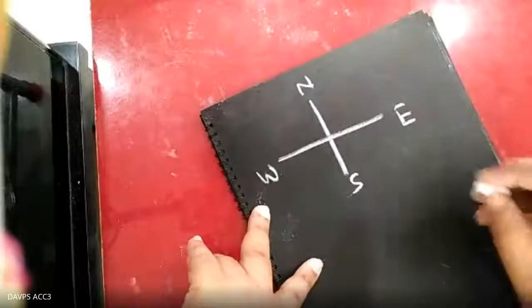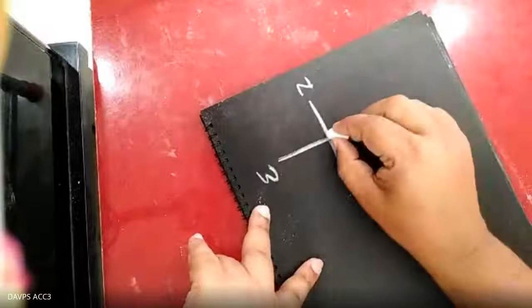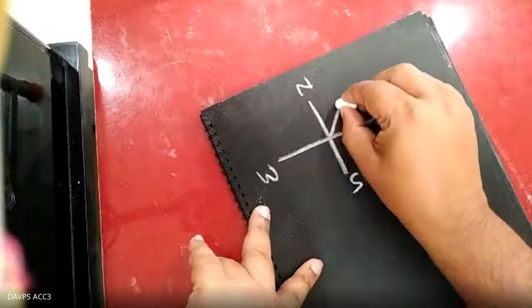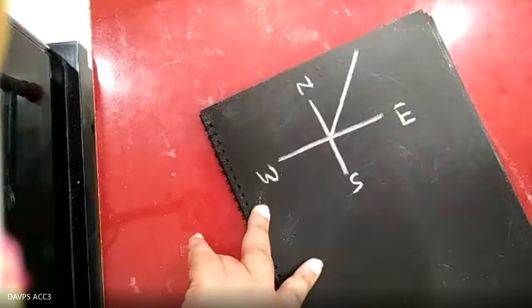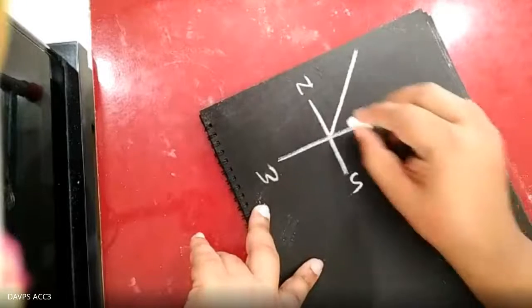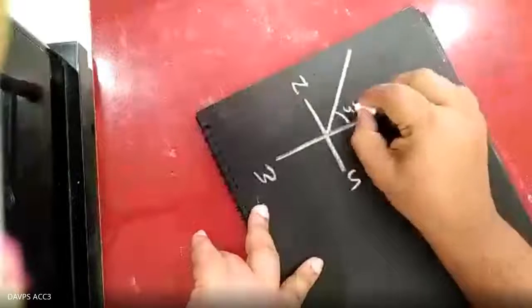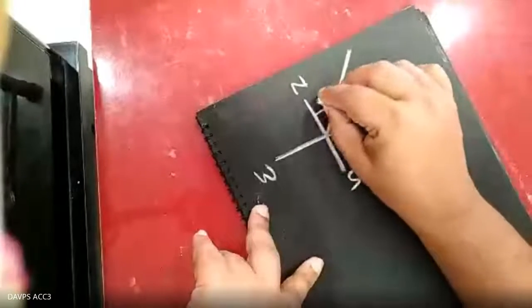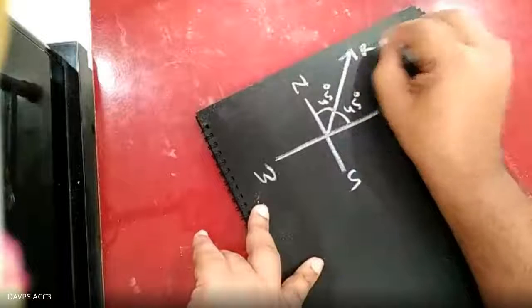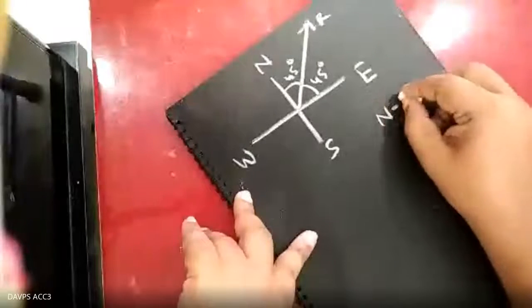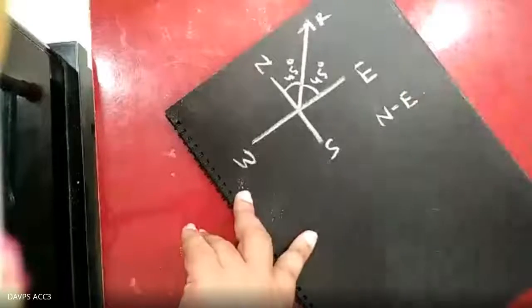If the resultant is acting exactly in between E and N, it is 45 degree and 45 degree. In this case, we tell the resultant is in the northeast.